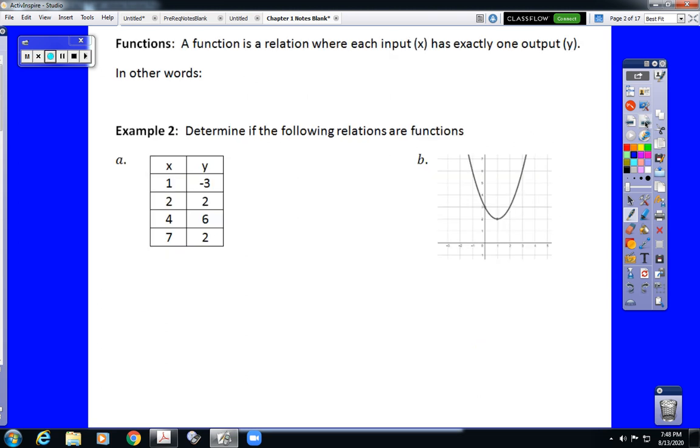Okay, so next up, a function is a relation where each input x has exactly one output y. In other words, when you're looking at a table, a mapping, or a list of ordered pairs, we have absolutely no x values repeating in the domain. Okay, you might remember the vertical line test.